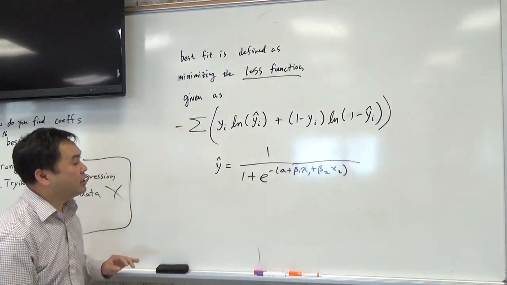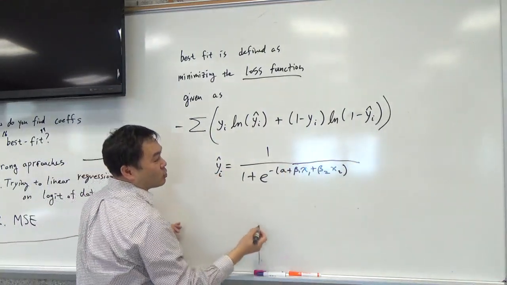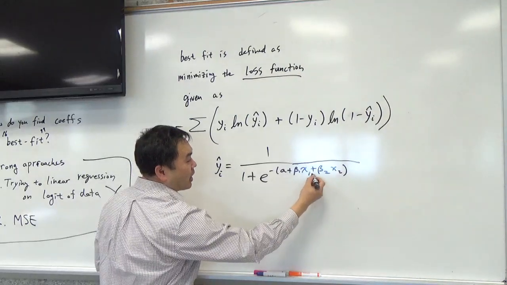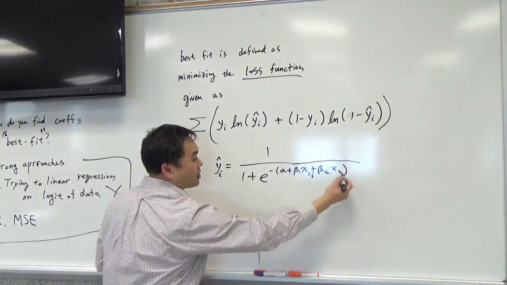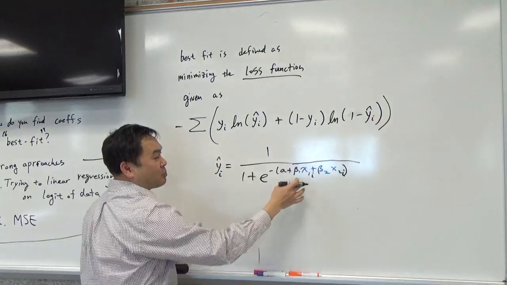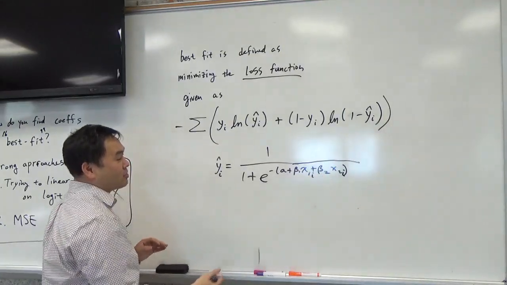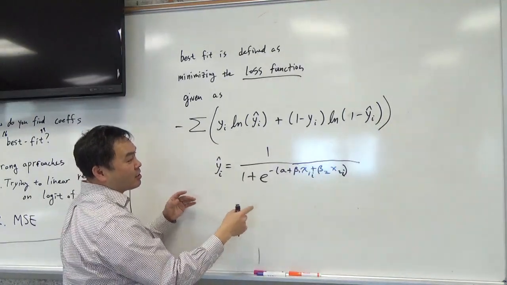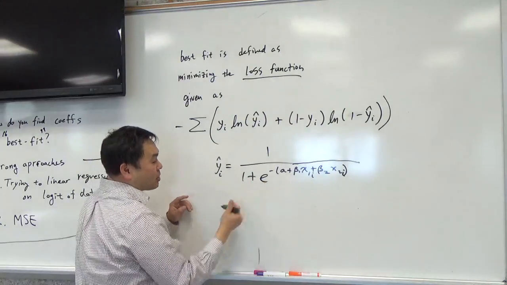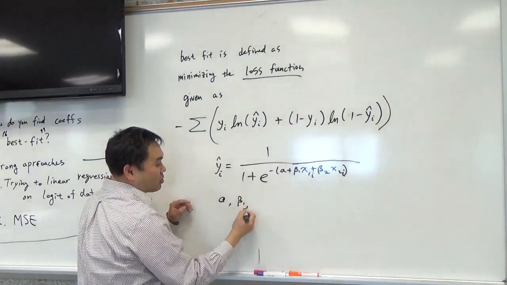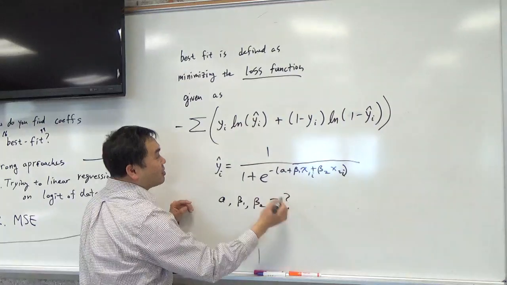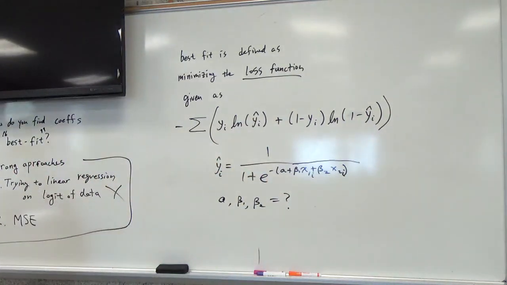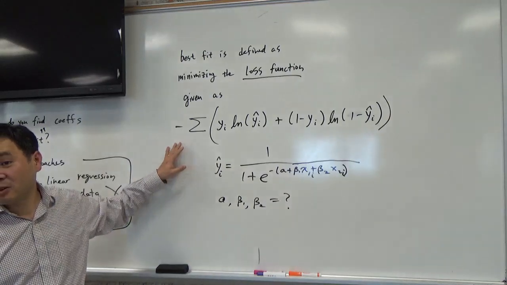So each y_i will be taking the x1 and x2, the ith data point's x1 and x2 values, and computing it like this, and then what you're really doing is trying to find a, beta 1, beta 2 that would minimize this value.